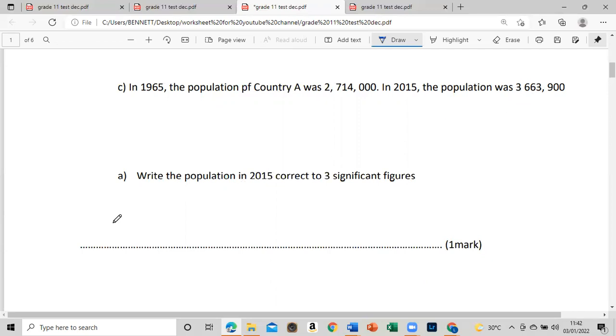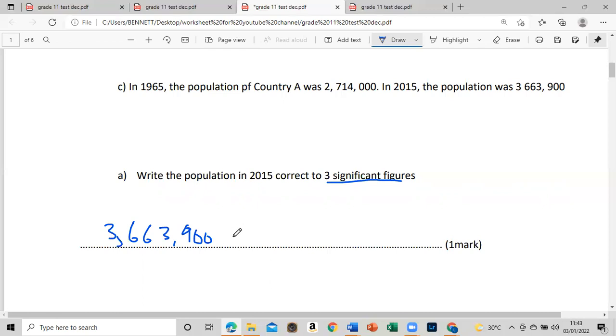Right, first, it's 3,663,000. To 3 significant figures, alright? Zeros are considered to be non-significant.